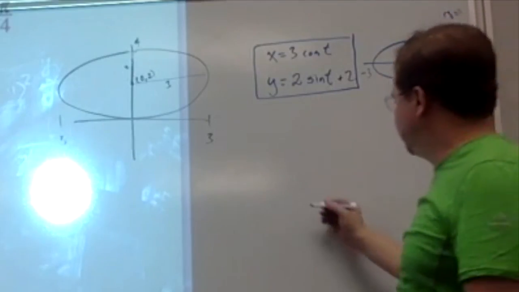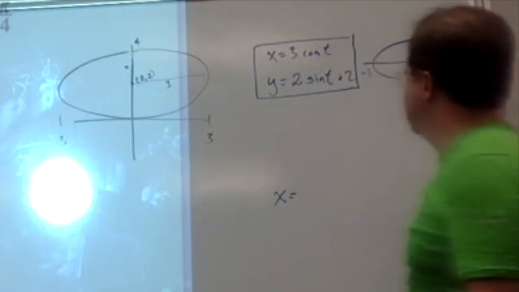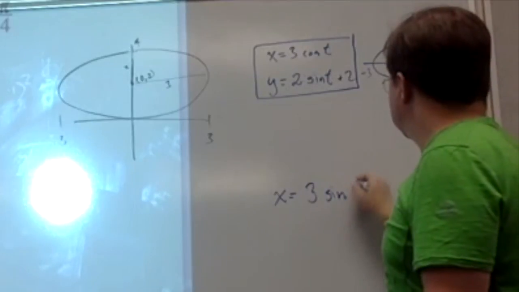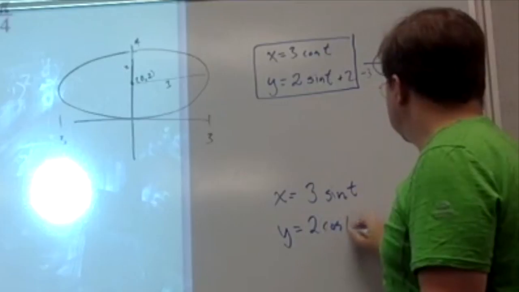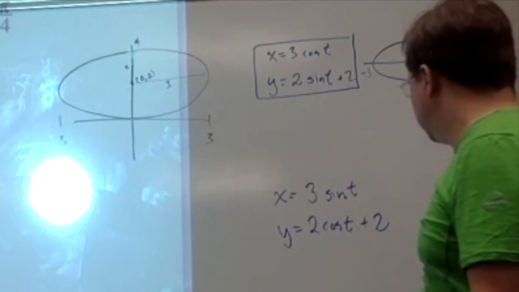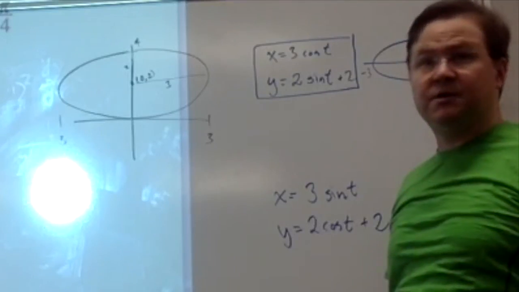Yeah. For example, here's another parameterization that comes to mind. x equals 3 sine t, y equals 2 cosine t plus 2. I think this will do the same thing, but with a different orientation.